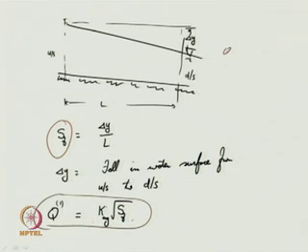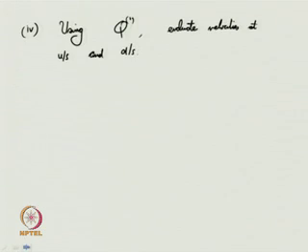So, Q is equal to AV, or V is equal to Q by A; directly substitute them. So, we will get at the upstream location the corresponding velocity V US. At the downstream section, you will get the corresponding velocity V DS.